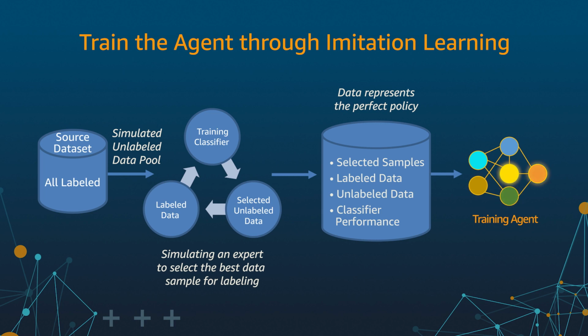These data pairs represent the perfect policy. Then we use these data pairs to train the policy network. Once it learns the perfect policy, we can apply it to our target dataset to select samples for labeling. This is basically transfer learning, since we transfer the policy learned from a source dataset to a target dataset.